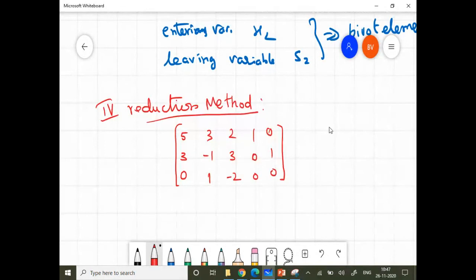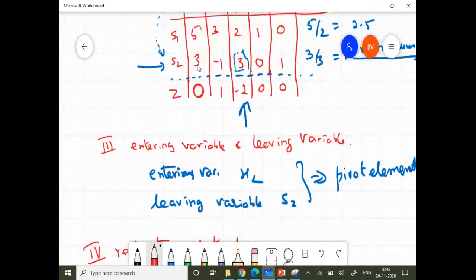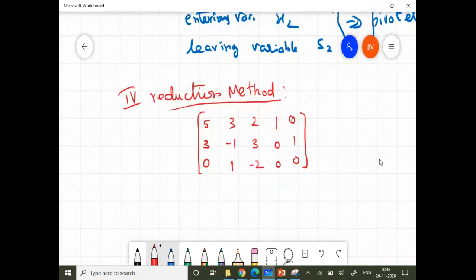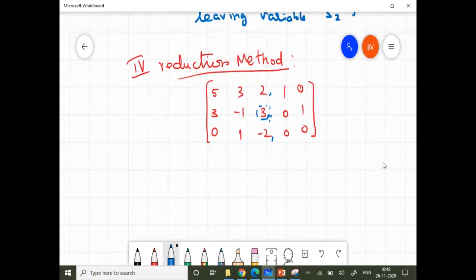Go back and check the matrix. That's been given here. And remember, you are targeting this element. You make this element into 1 and these elements into zeros, only for the entering variable column.